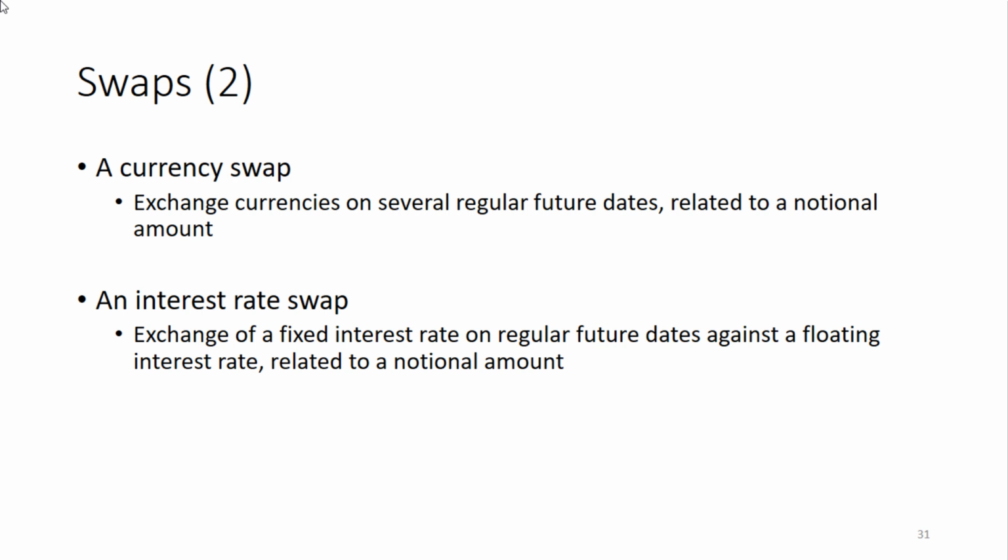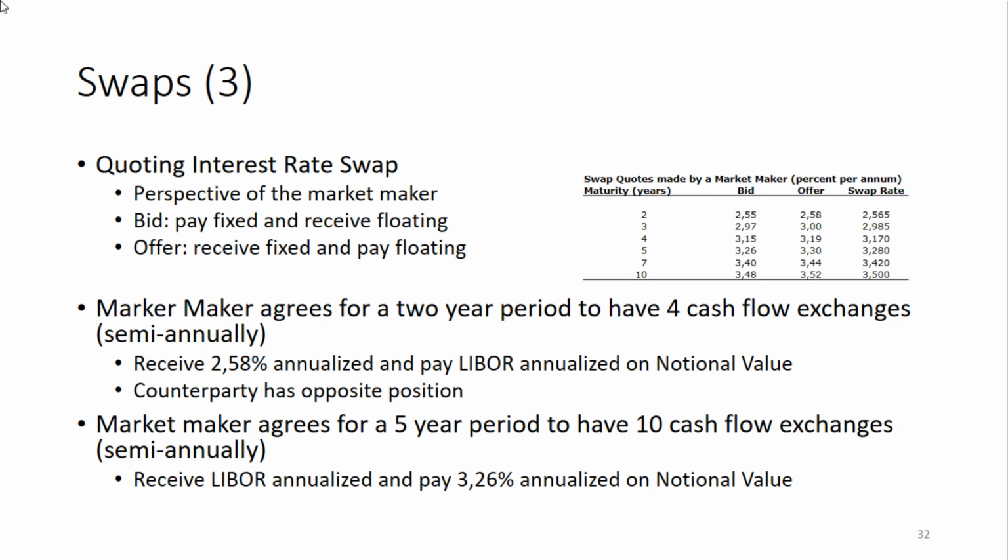An interest rate swap, and we will see a couple of examples in a minute, is really a contract where you can exchange a fixed interest rate that you pay or receive for a floating interest rate that you could pay or receive, and that's related to a notional amount. And I will show you an example actually in a minute.